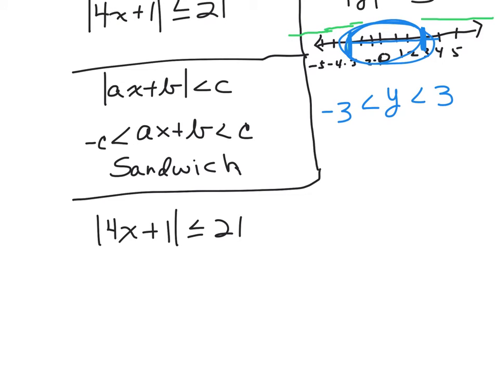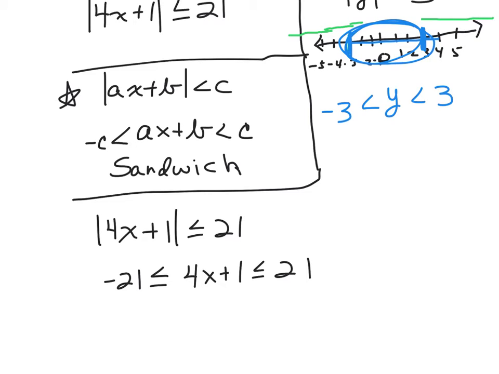Using this as our model, what would we do? We'd make a sandwich. So we'd say negative 21 is less than or equal to 4x plus 1 is less than or equal to 21. And then we'd solve that, like we did yesterday. This is another compound inequality.